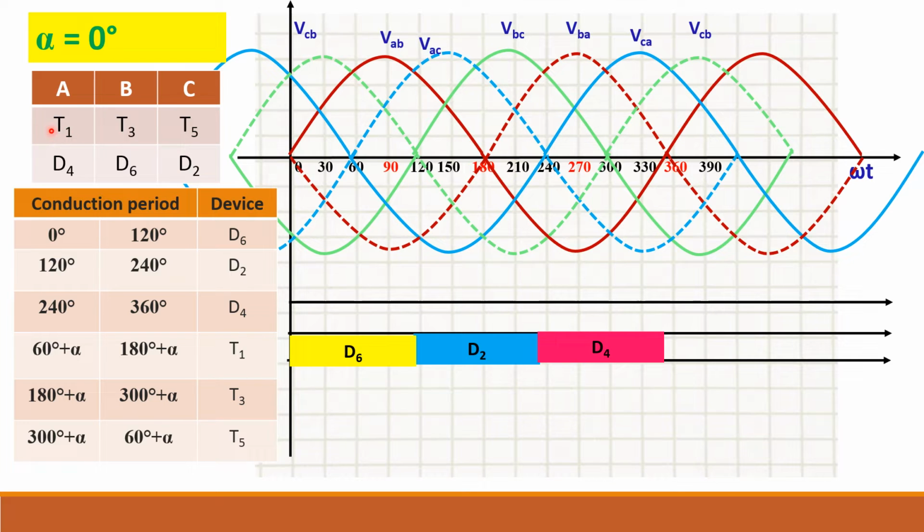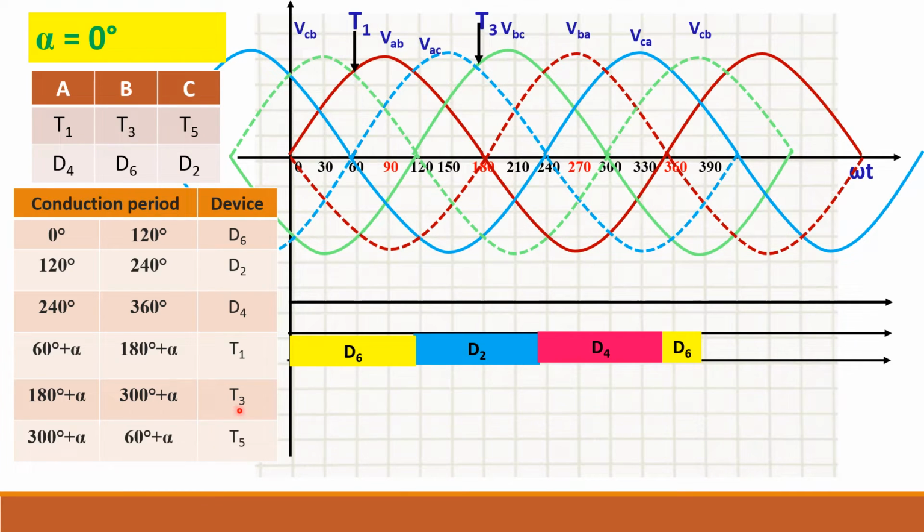Now we have to see the conduction period for the thyristors. We have taken alpha equal to 0. For a three-phase circuit with a line voltage waveform, 60 degrees should be taken as the reference. This I explained in the previous video. So that is fixed. T1 will conduct from here.